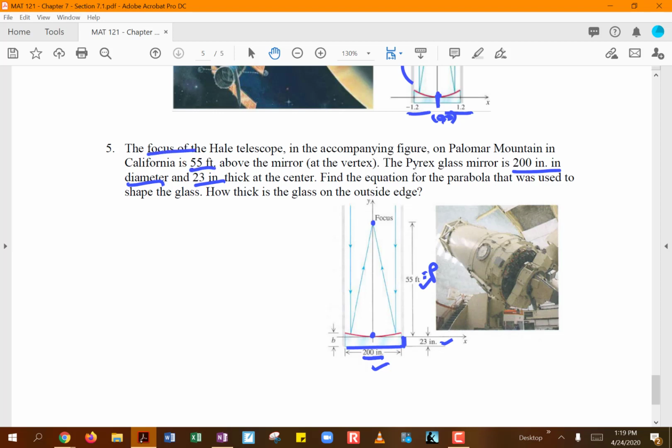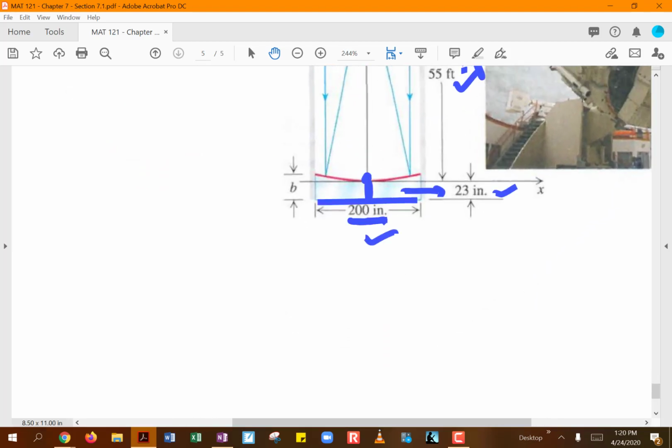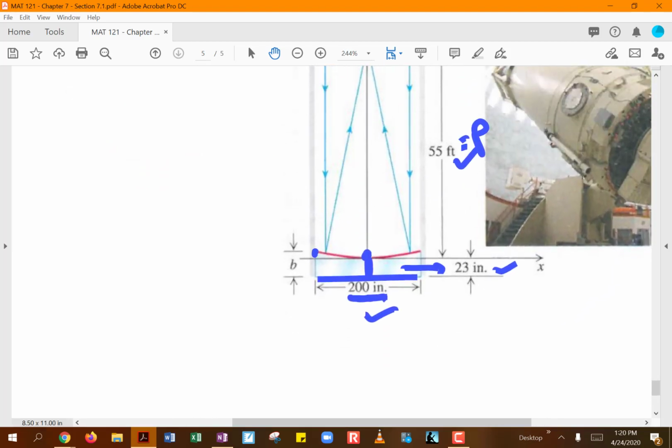And they're basically saying find the equation of the parabola that was used to shape the glass, and how thick is the glass on the outside edge. Okay, so the thickness here is actually the center thickness of your glass, which is 23 inches. But if you look carefully, and let me make this bigger, there we go. We have this thickness in the middle, which is 23 inches.